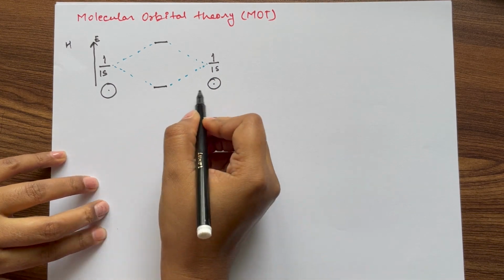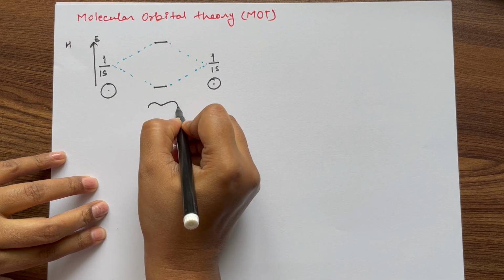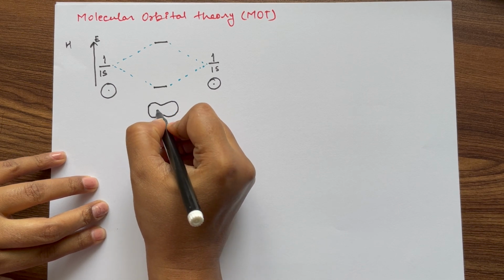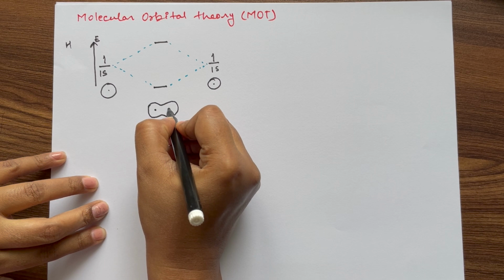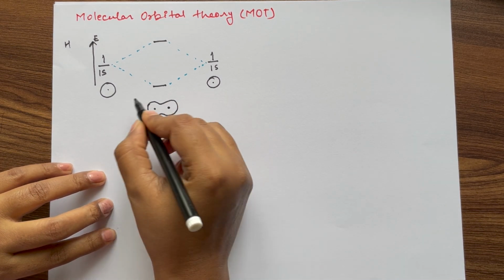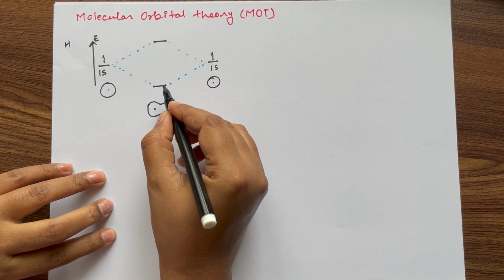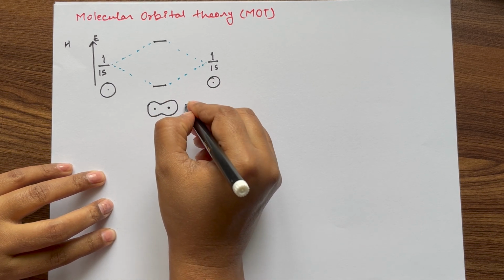When there is positive interference between these two orbitals, the overlapping and positive interference of these two orbitals causes the creation of a new orbital having a lower energy state, that is called bonding orbital.